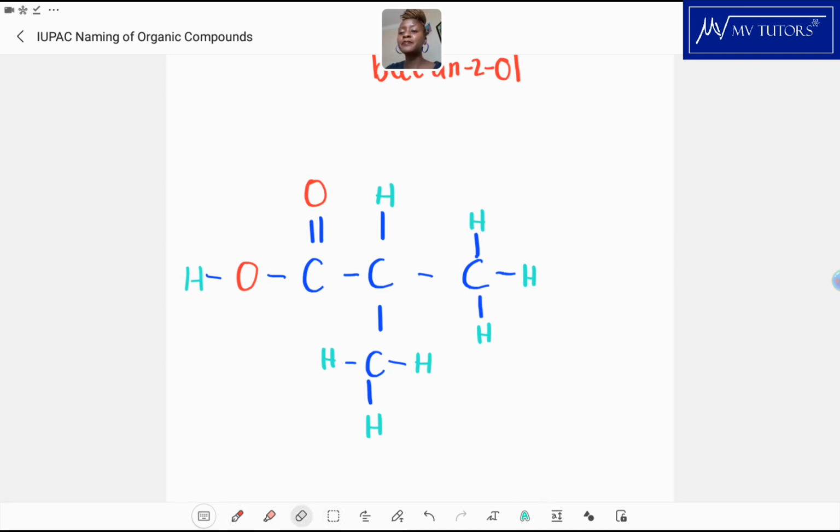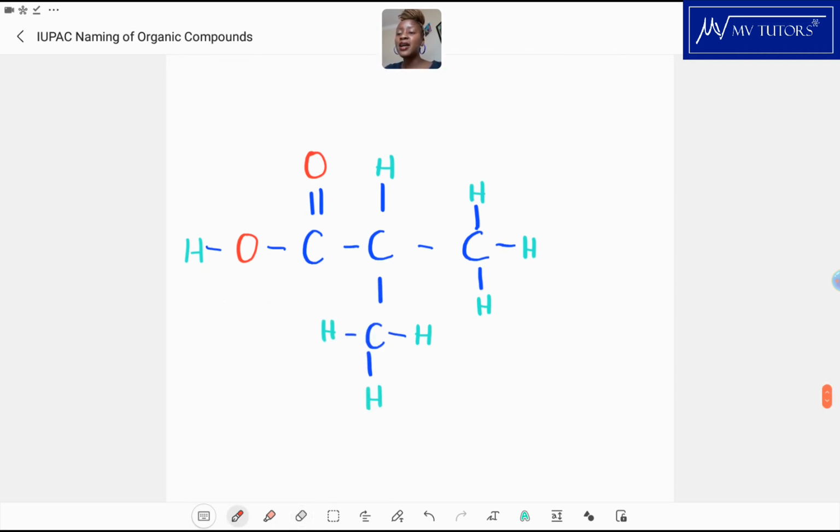So I know that I have a carboxylic acid. I also see that I have a methyl group, and I have 3 carbons. So where will I start numbering? Definitely closest to my functional group.